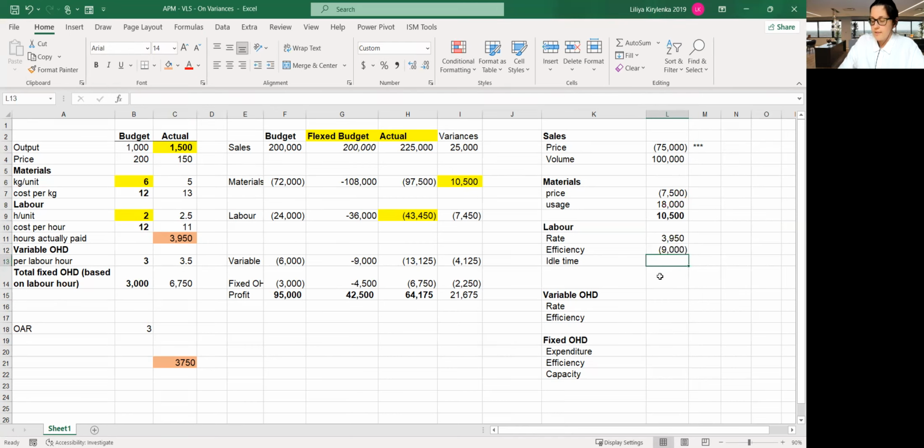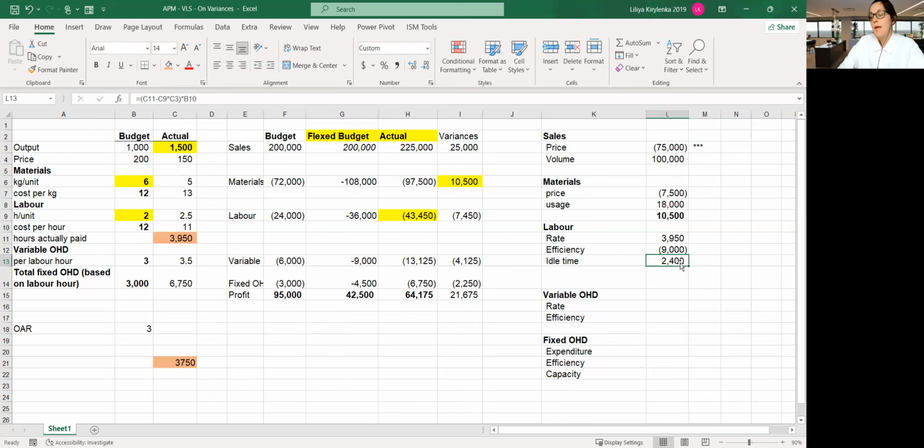Idle time variance. Idle time variance is the difference between the hours that were actually paid, so that is 39.50, and hours that were actually worked, so that is actual hours per unit multiplied by actual units. And as this is a volume type of variance, it needs to be multiplied by cost per hour, and we get 2,400.